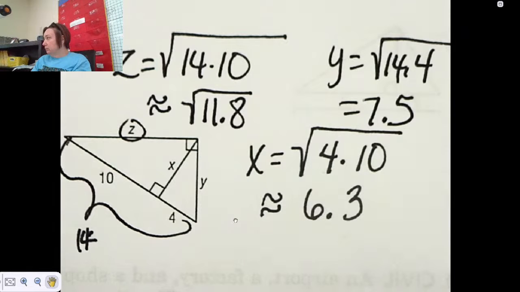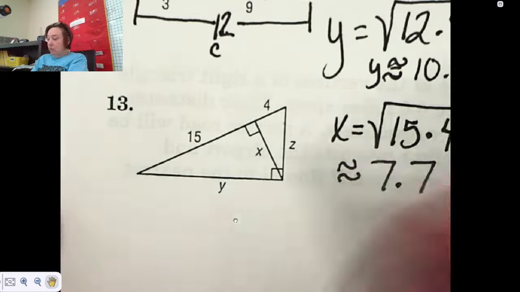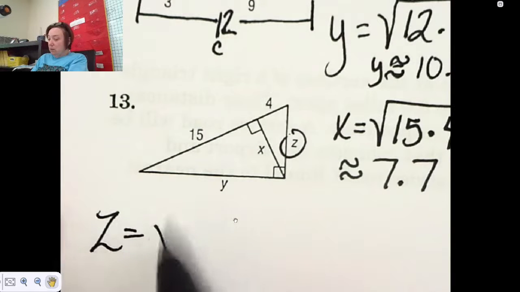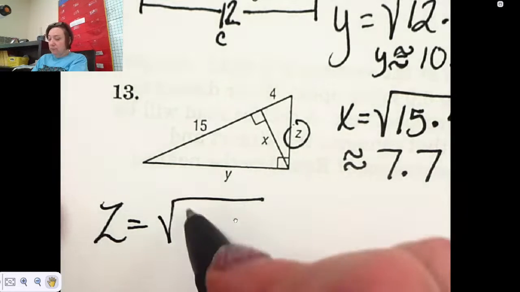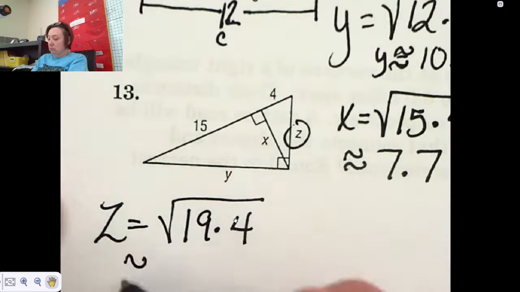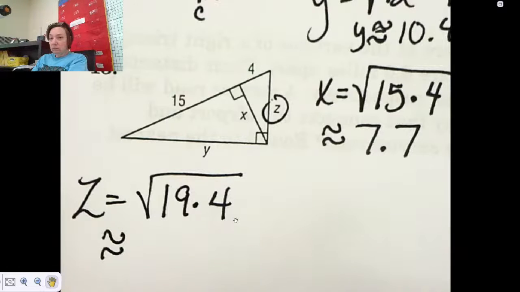$7.5. Okay. Look at 13. We want to find, let's do z first. What do we do to find z? $19 times 4. $8.7.